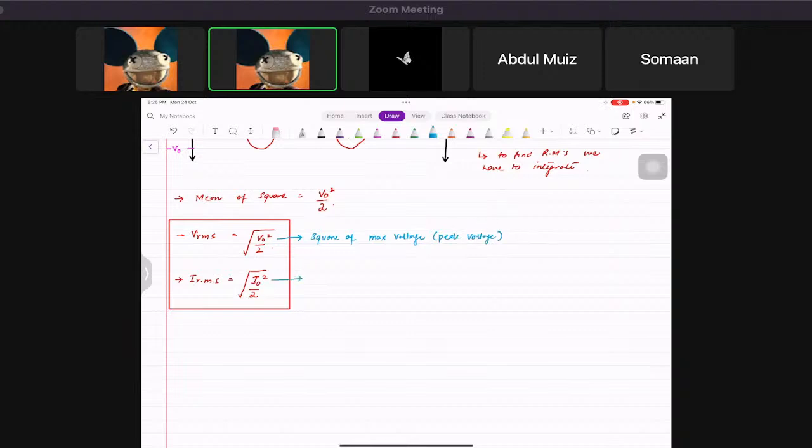And this is the square of max current, which is also the peak current.